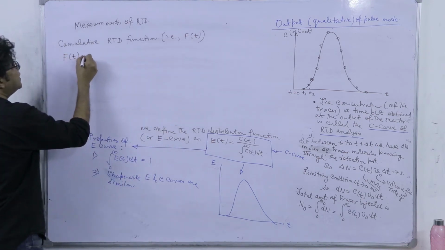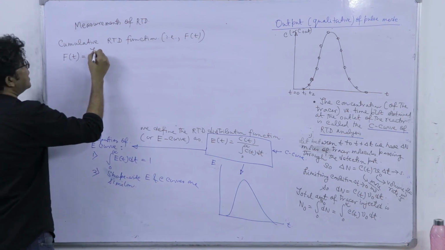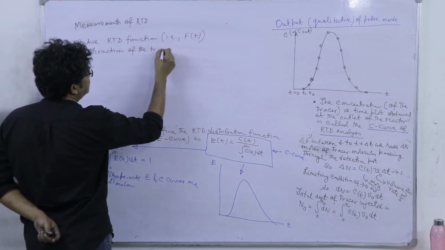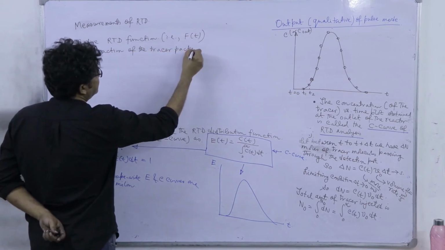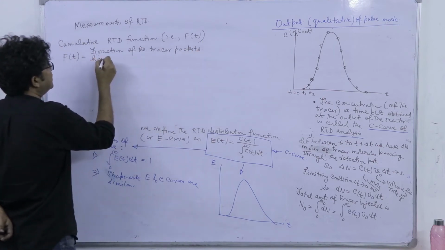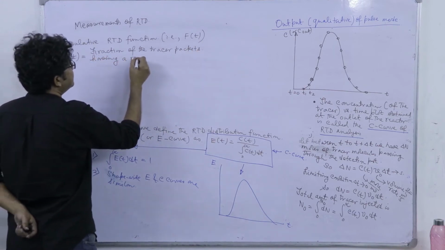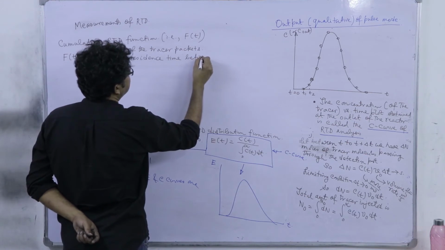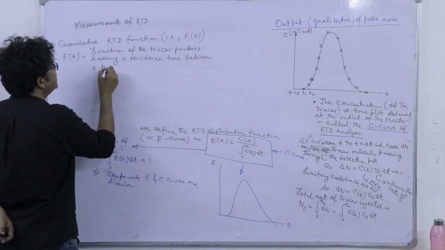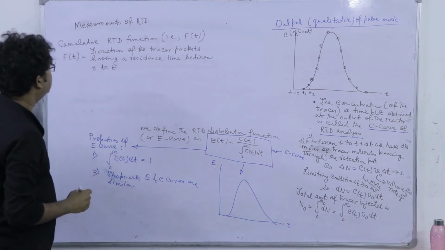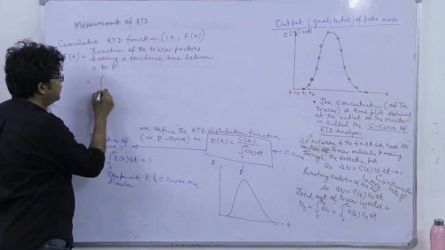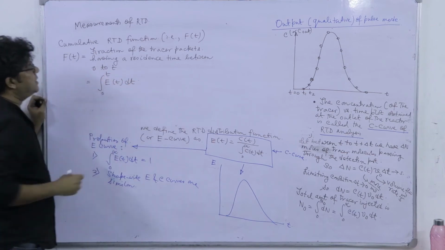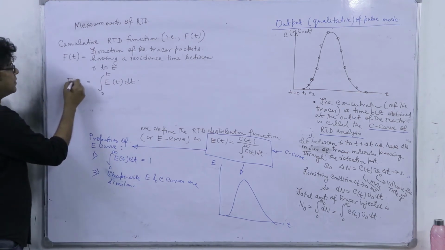So, here what is Ft? Ft represents the fraction of the tracer molecules or tracer packets having a residence time between 0 to t. Right. So, it is a cumulative distribution, and if you integrate this E from 0 to t, you will get F. So, this is the relation of F curve.